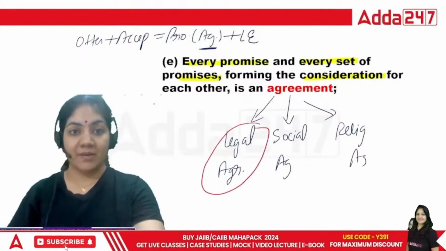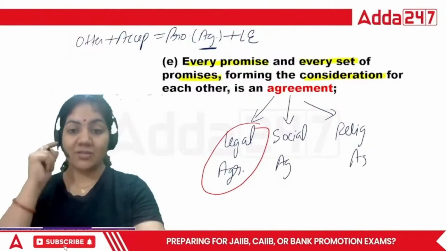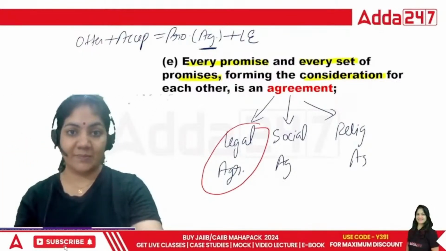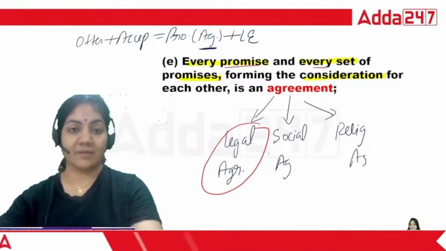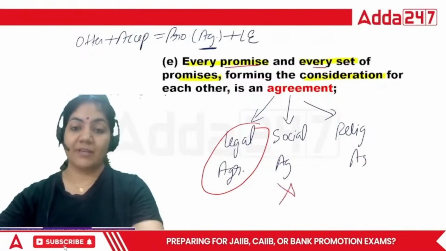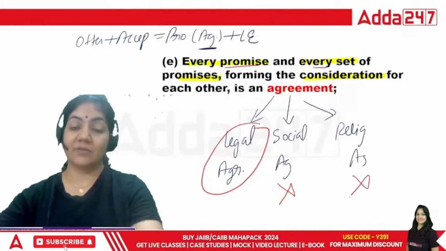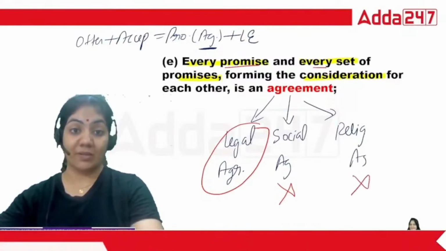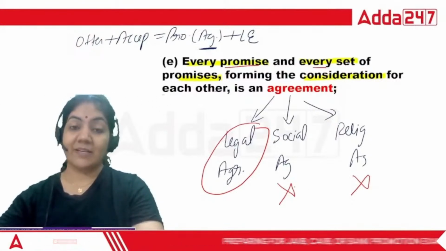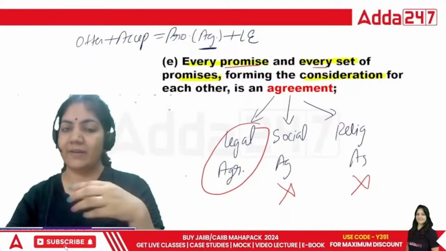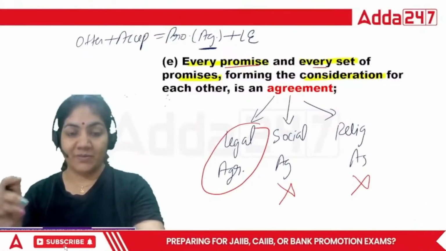A legal agreement is one in which consideration is there from both sides. In a social agreement, if one person does not fulfill the promise, we cannot file a case. In a religious agreement also, we cannot file a case if one person does not fulfill the things. But in a legal agreement, if you do not give me my money and I have already given you my car, then I can file a suit. So this is called agreement.